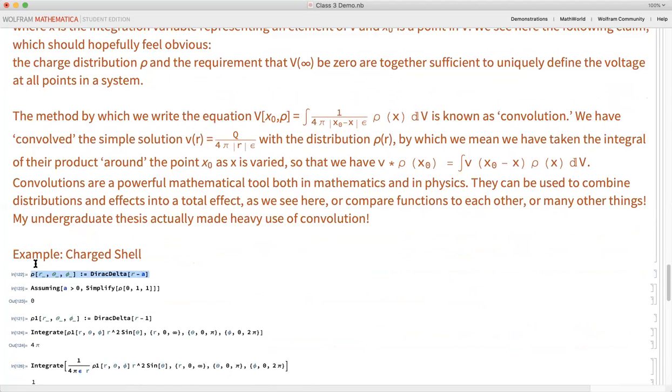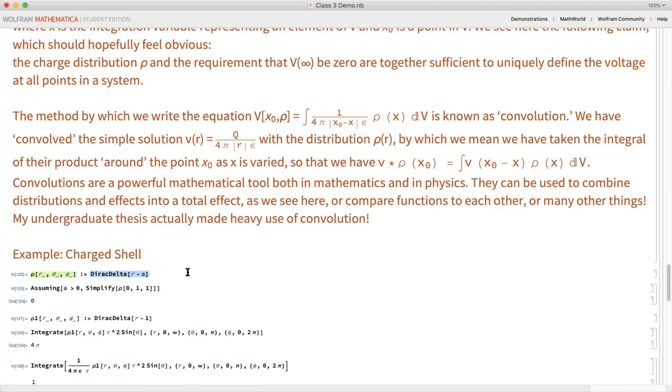Basically, we can think of this Dirac delta as reducing the dimension that our distribution is over. So this is a charged shell. We have rho as a distribution over radius and 2 angles in spherical coordinates, and we say it's the Dirac delta of the radius minus some number a greater than 0.